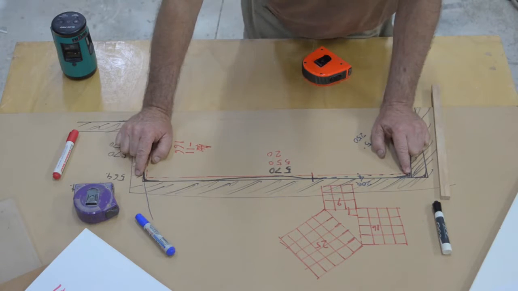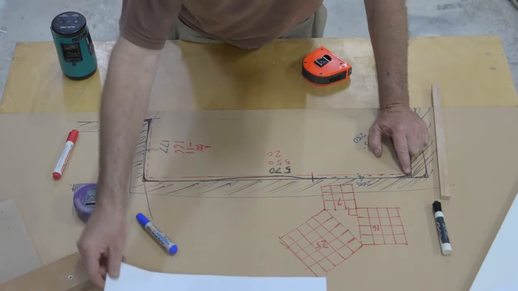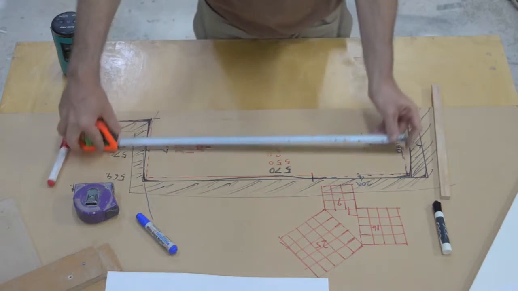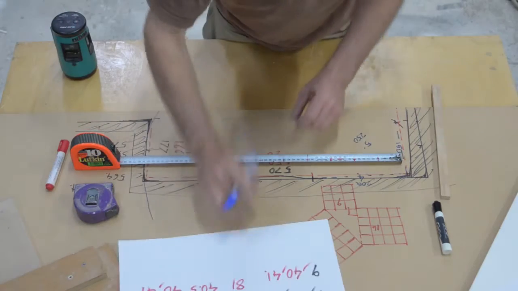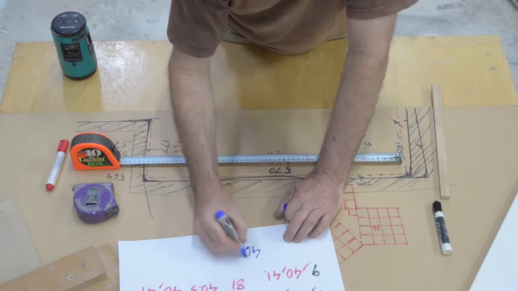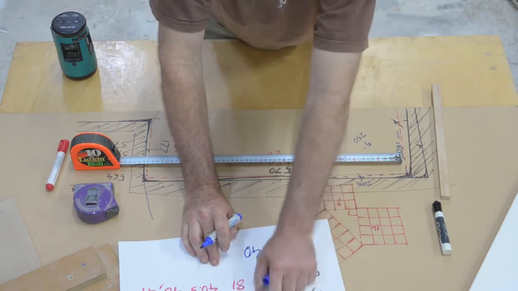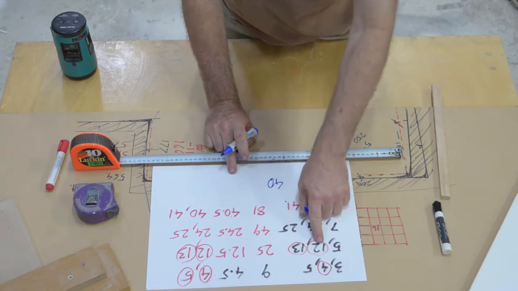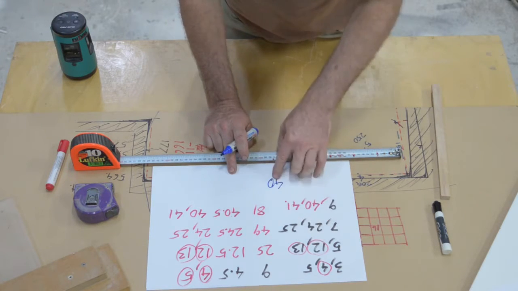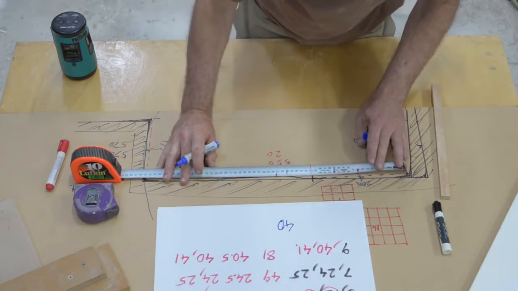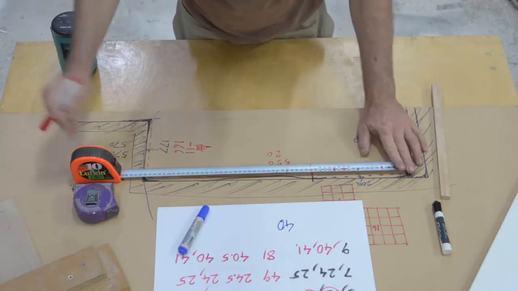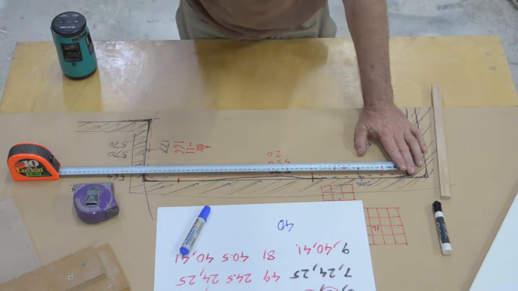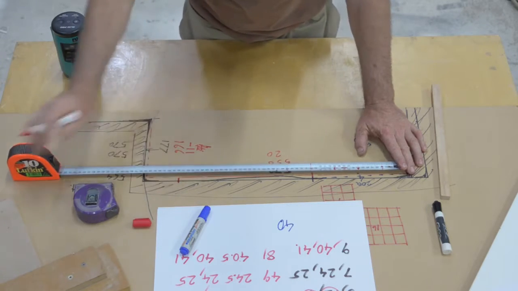Okay, so if we were to use 40 millimeters as our base unit in this case, and we're using the 5, 12, 13 example. We've used 40 millimeters as our base number. 12 times 40 is 480, so I can use that same point now. 480 is to here.